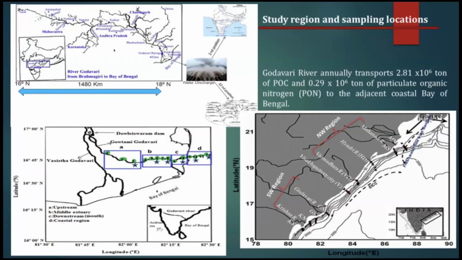Based on the salinity pattern, we covered almost 130 kilometers: the upper estuary where the salinity was almost 0, the middle where it was almost 15 PSU, the downstream estuary where salinity went up to 29, and the coastal area where salinity was almost 35. The coastal Bay of Bengal, with 5 rivers and the adjacent coastal region, was also covered during the monsoon time.